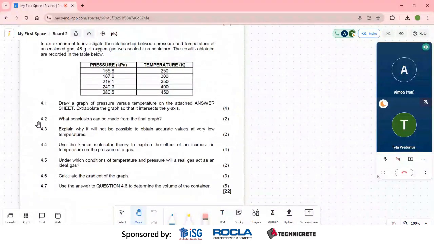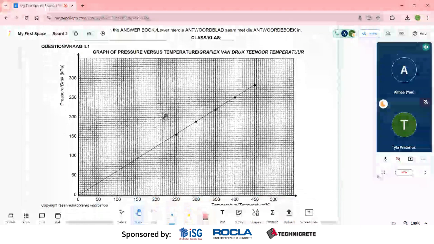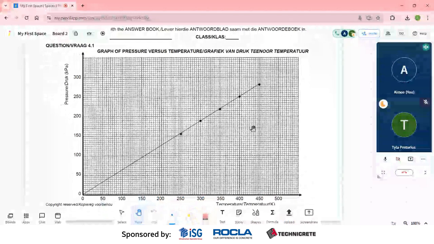So the next question, after you've drawn your graph, says, what conclusion can be made from the final graph? Well, what does it look like? 4.2 says that the pressure of an enclosed gas is directly proportional to the temperature if volume stays constant.